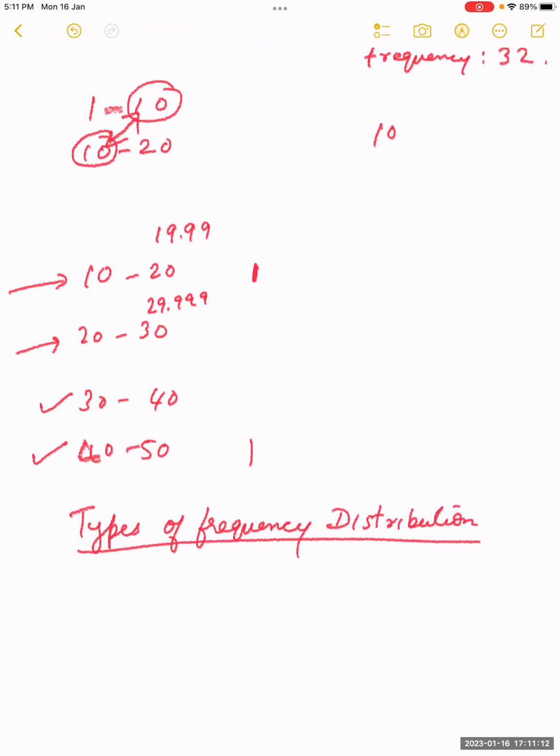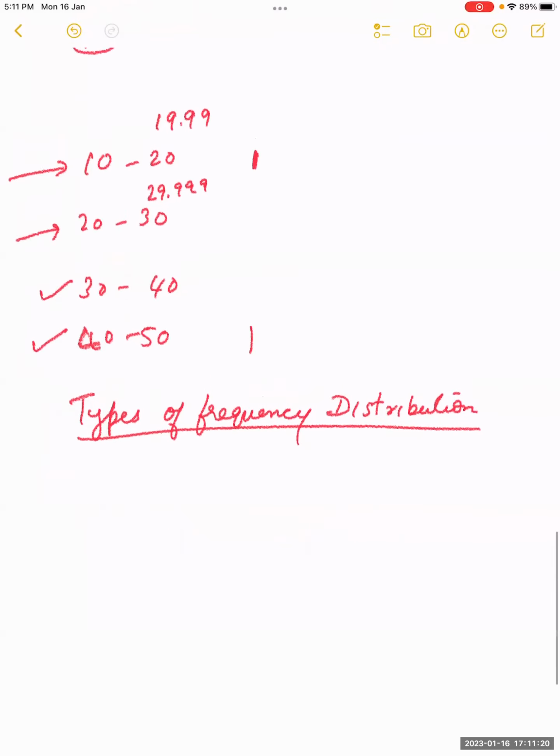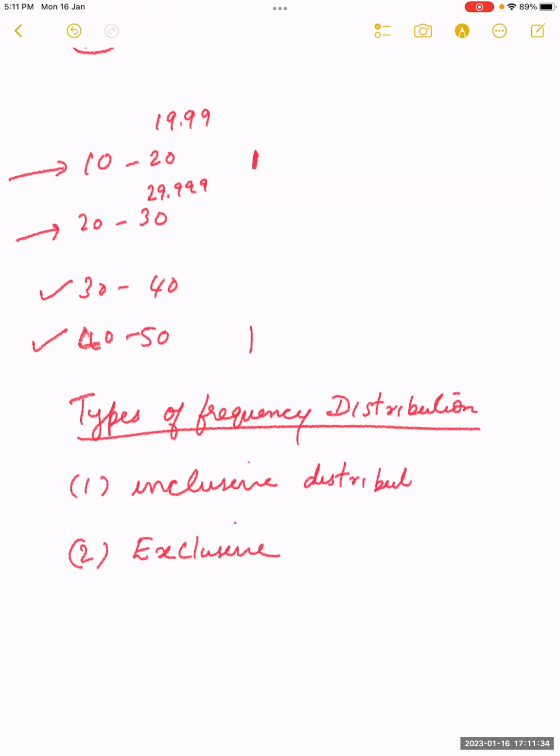There are two types of frequency distribution. One is called inclusive and the other is called exclusive. This we have already discussed. Inclusive and exclusive.